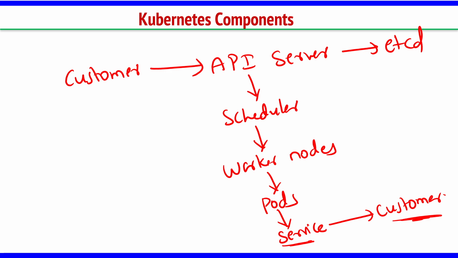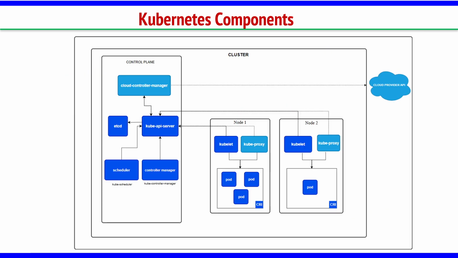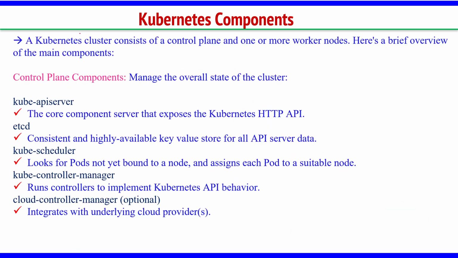Now let's try to understand the components, right? If you see, there are two different components inside the Kubernetes architecture. One is the control plane, the other is the node plane. This is the node region where we have a lot of nodes, and this is the control plane, right? So a Kubernetes cluster consists of a control plane and one or more worker nodes.